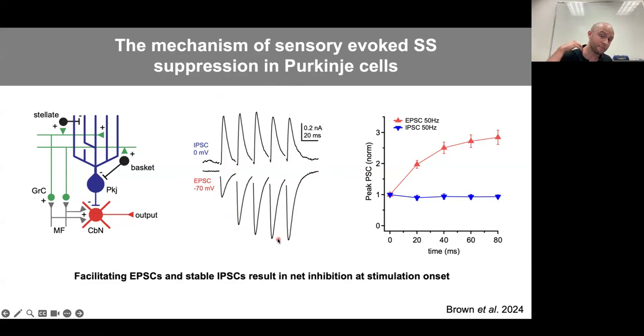Conversely, the inhibition is relatively stable throughout the entire train of stimuli. So what we think is happening early on, when Purkinje cells are receiving a burst of inputs, probably both MLI and parallel fiber input at the same time, is that the excitation is initially weak, and so inhibition wins out. Then later on, facilitation kicks in, and you can cancel out the inhibition in a way.